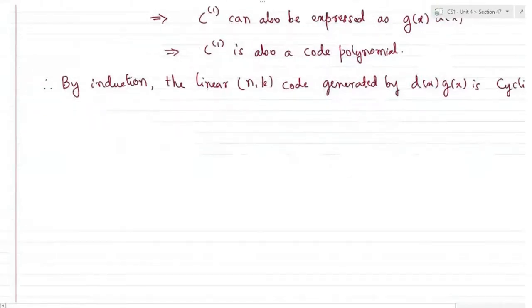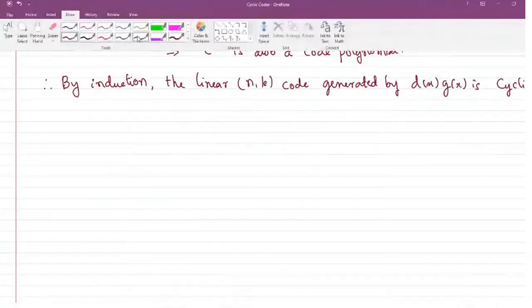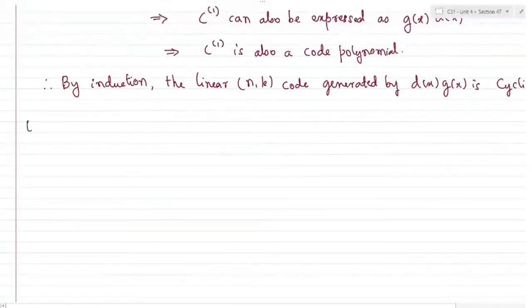Okay, let's quickly take one example, as I was trying to stress that by taking a specific case we can understand in a better way. Very basic example. Let's try to build a generator polynomial for a specific cyclic code.